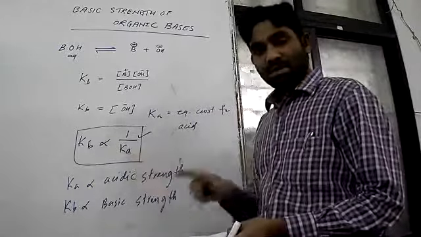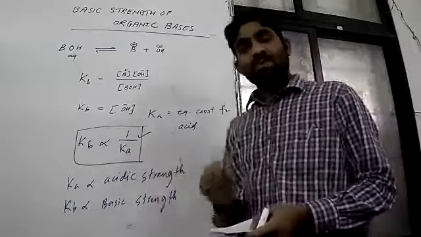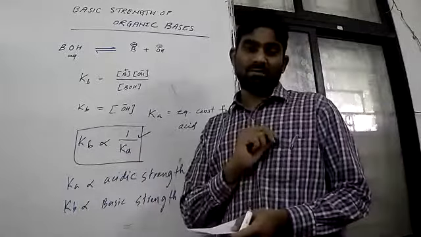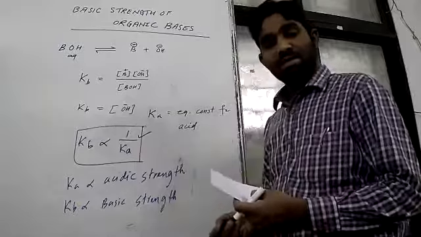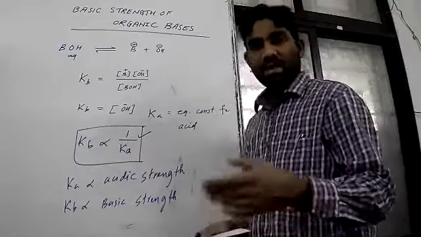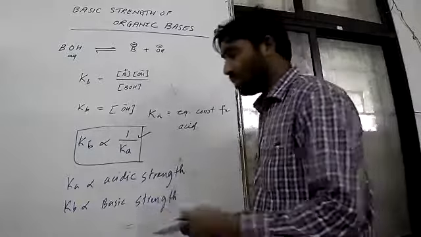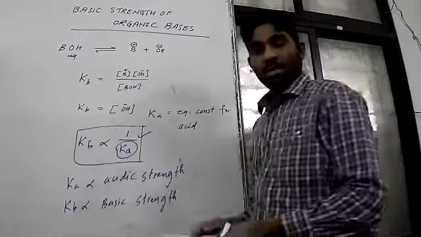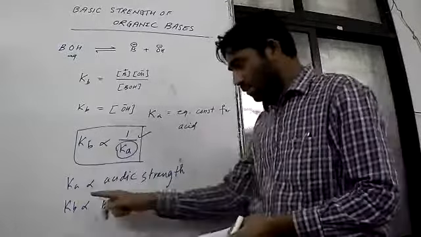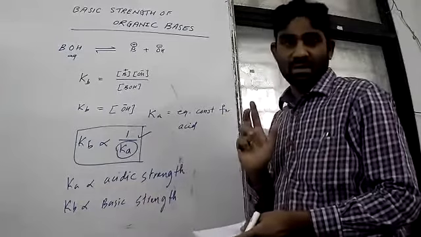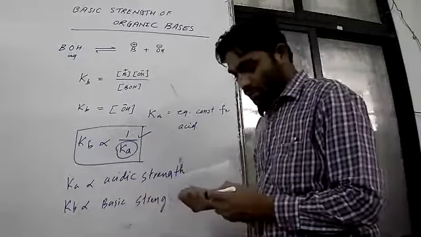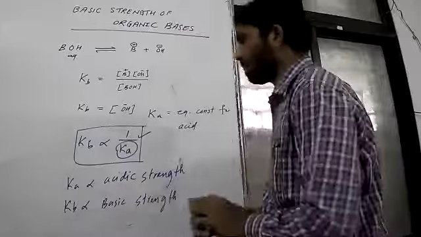To have the same scale to understand acid and basic strength, we will use Ka. You should know, if Ka is higher, that is a strong acid. If Ka is low, there is a weak base. So we will go for this discussion.